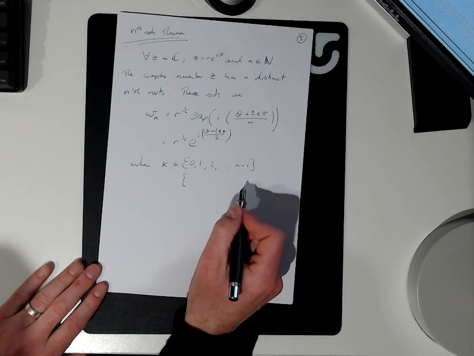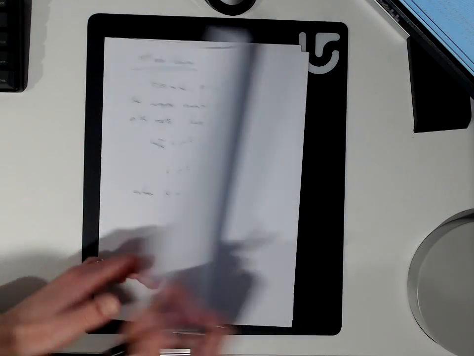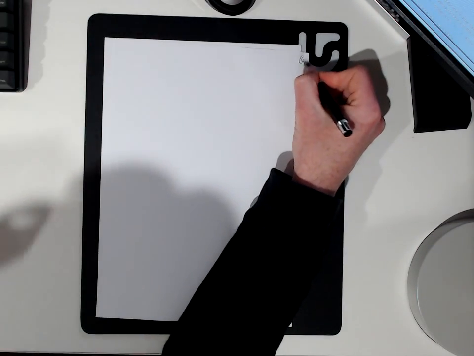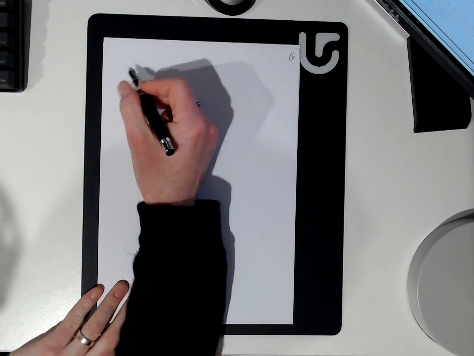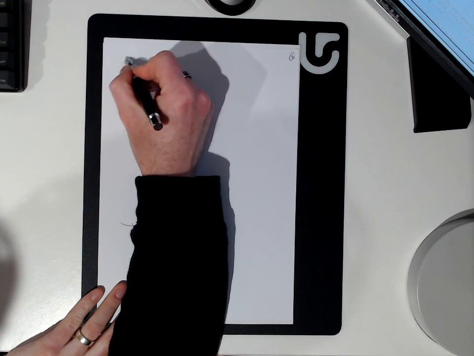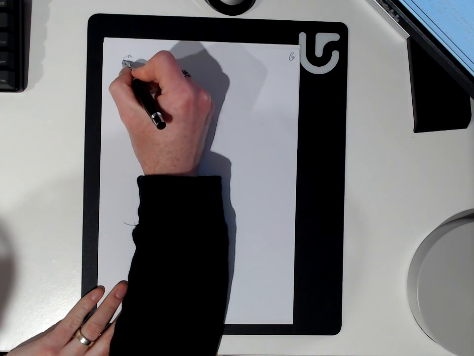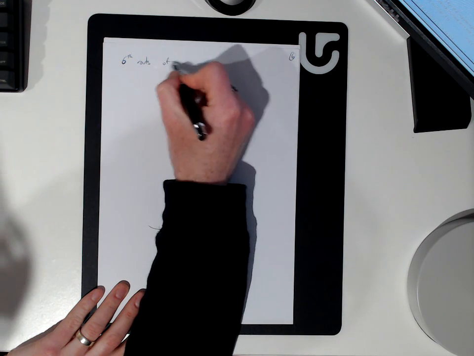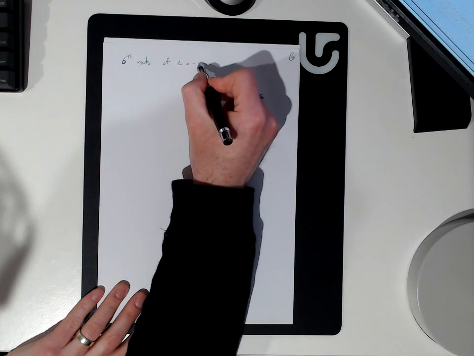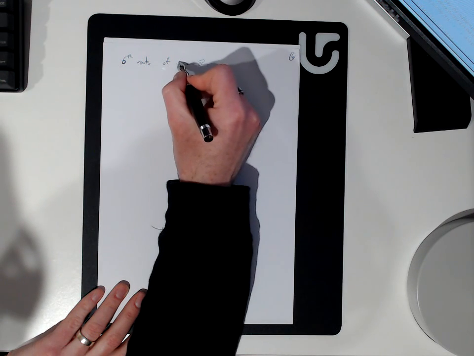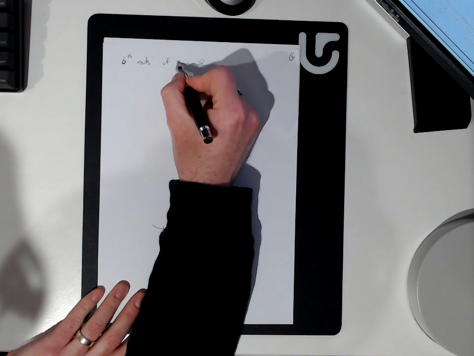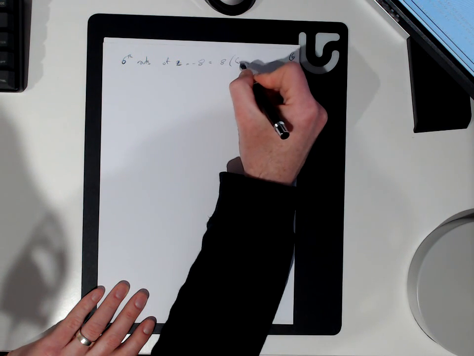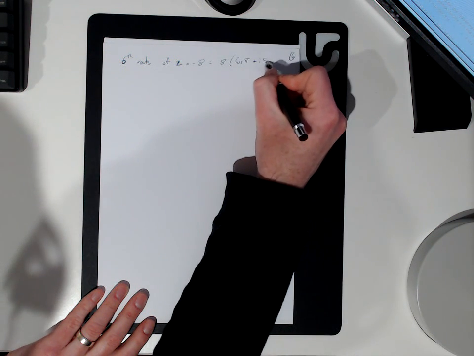Right, let's do an example. Sixth roots of z equal to minus 8. So I'm going to rewrite this as modulus and angle, and that's going to be 8 times cos of pi plus i sine of pi.